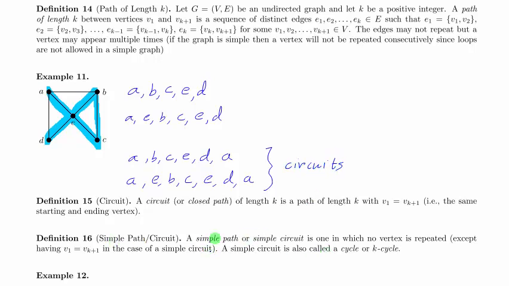Now, a simple path or a simple circuit is one in which no vertex is repeated, except in the case of a circuit where the initial and the terminal, the starting and the ending, need to be the same. A simple circuit is also called a cycle or a k-cycle. So in our examples above, the first one is simple, but the second one is not because of that repeated vertex.